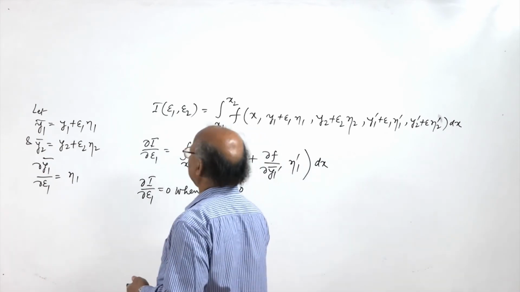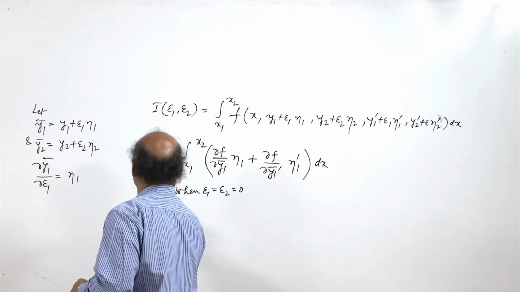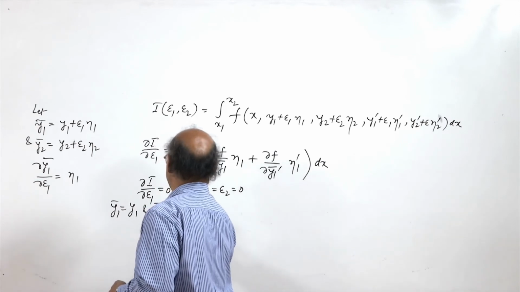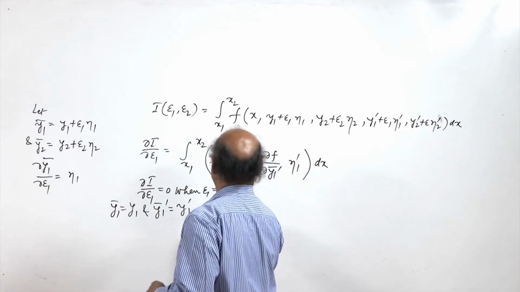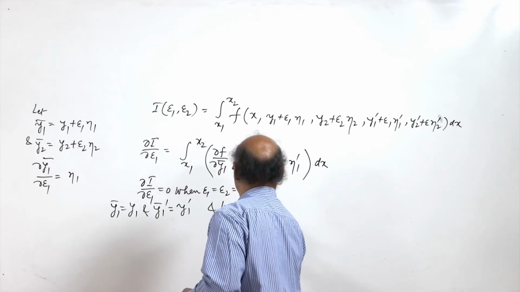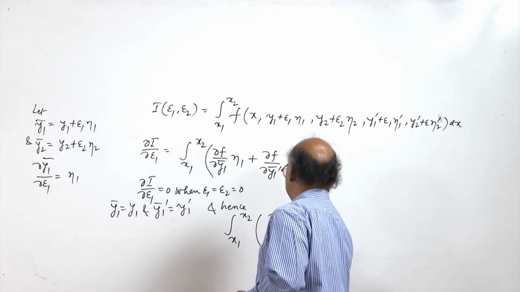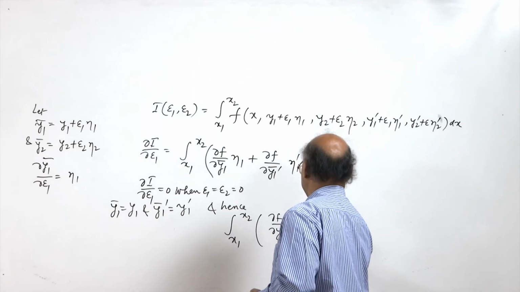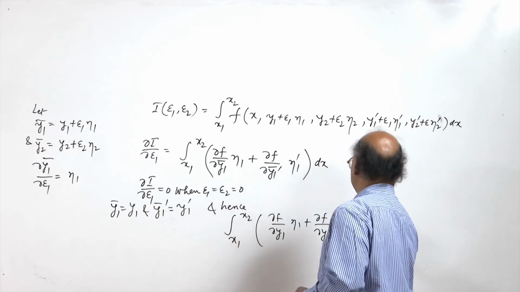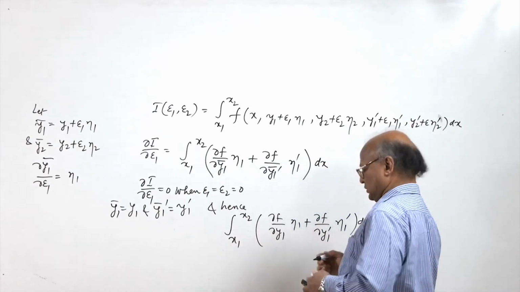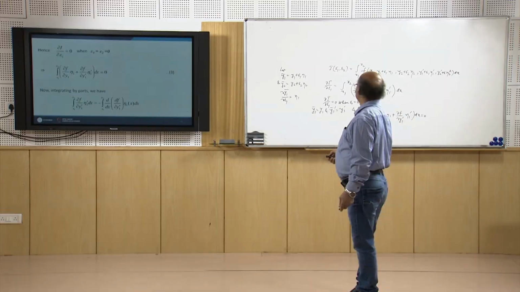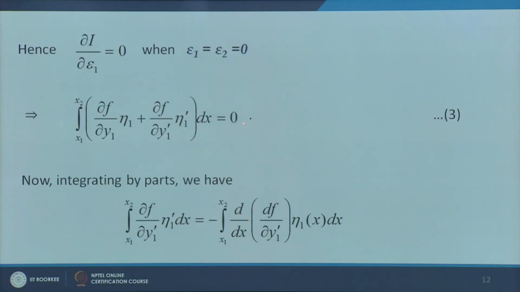So when epsilon 1 and epsilon 2 are zeros, y1 bar becomes y1 and y1 bar dash becomes y1 dash, and hence we have integral x1 to x2 of delta f over delta y1 eta 1 plus delta f over delta y1 dash eta 1 dash dx equal to 0. So we have this equation: integral x1 to x2 of delta f over delta y1 eta 1 plus delta f over delta y1 dash eta 1 dash dx equal to 0.